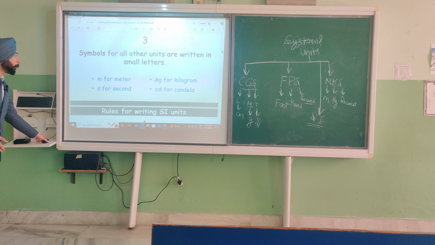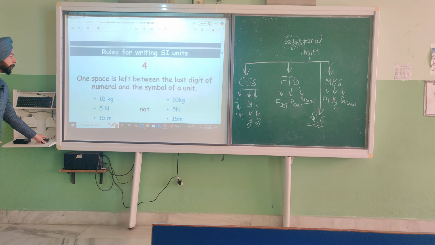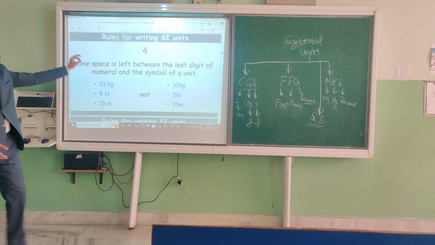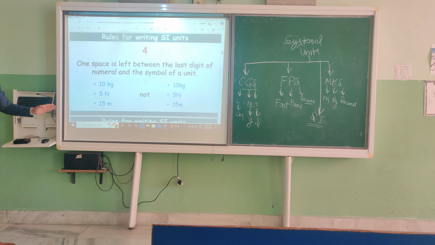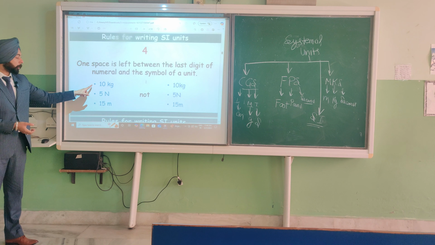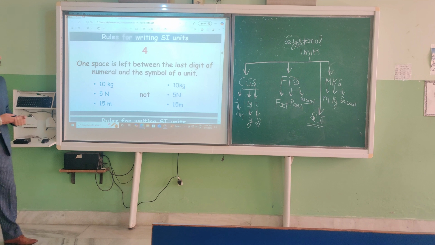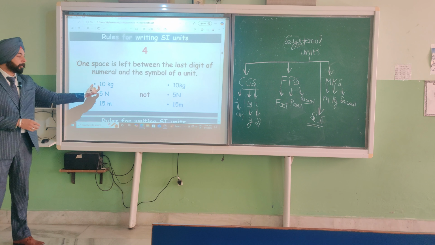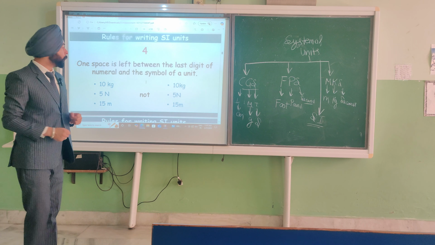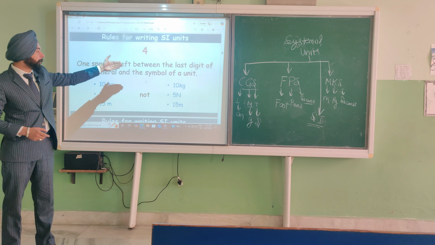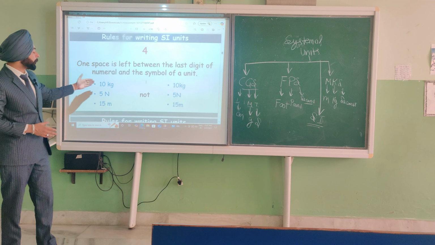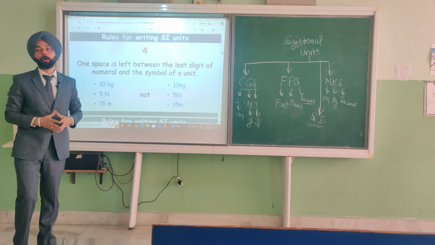Rule number 4: one space is left between the last digit of a numeral and the symbol of a unit.